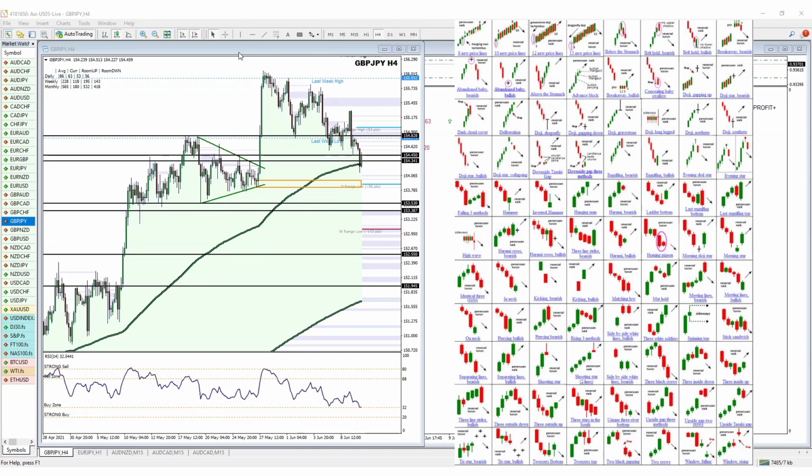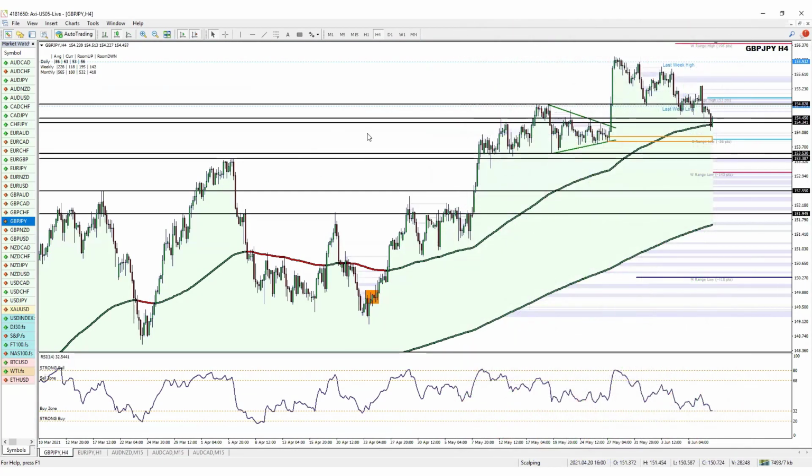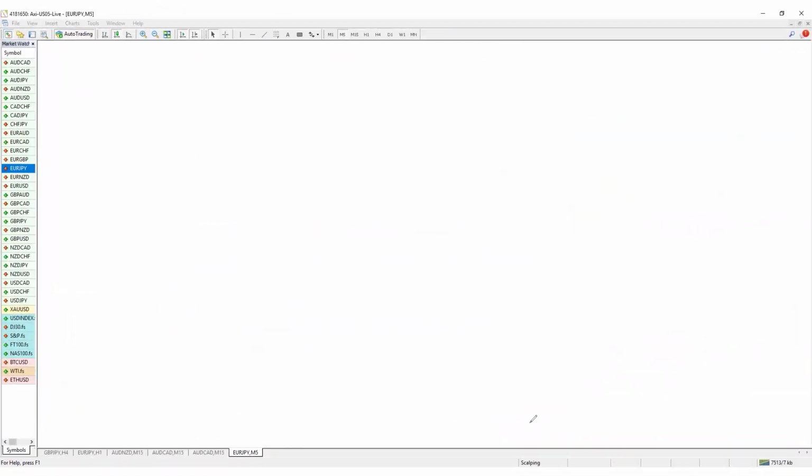So we'll start off with the actual patterns themselves. I'll draw them, probably really badly. Let me just get a blank chart up. The main candlestick patterns that I use and look for are the bullish and bearish engulfings.